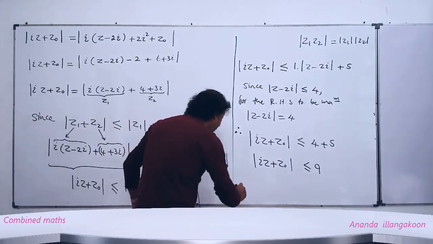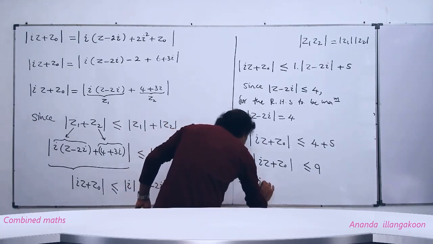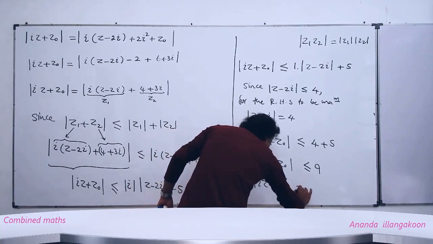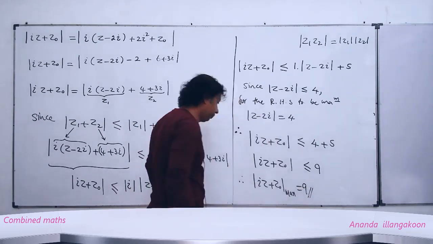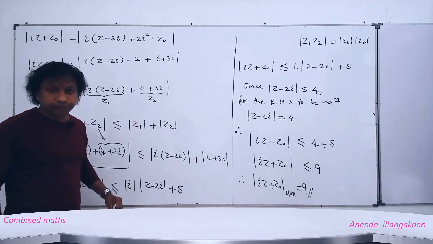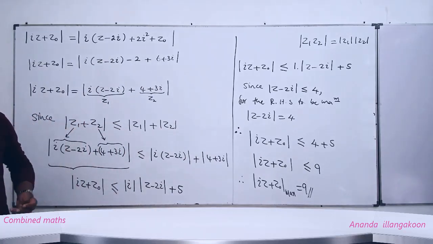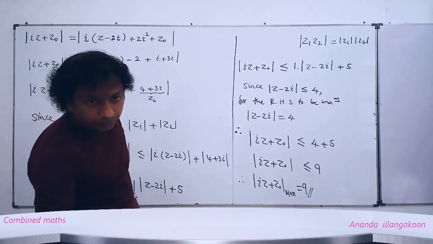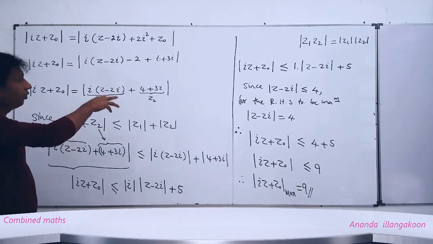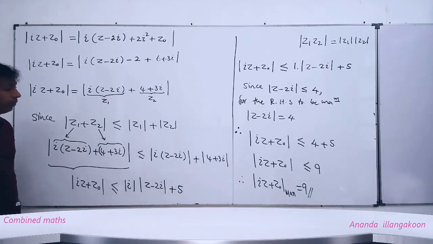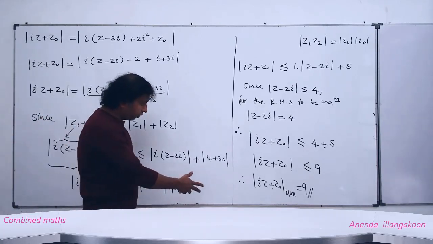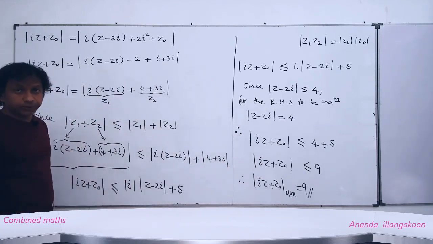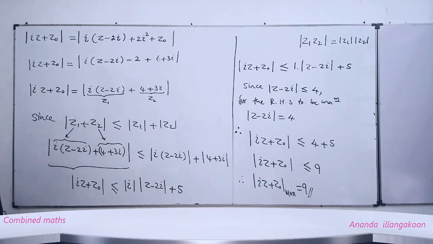Therefore, iz plus z naught max is 9. That's how we get that answer. Questions involving these inequalities can of course be solved in this way. Questions are available in past papers, you can now work them out.